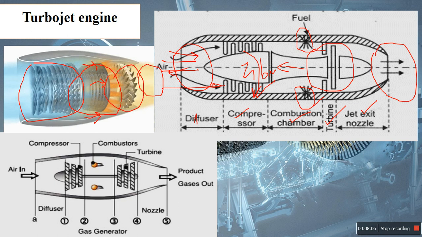It works on the principle, as I told, of Newton's third law of motion. Turbojets are mostly suited for aircraft traveling above 800 km per hour.